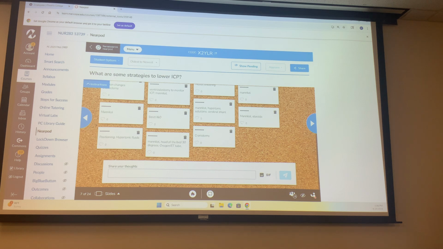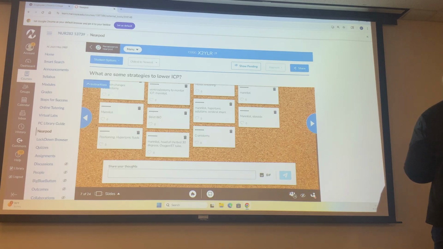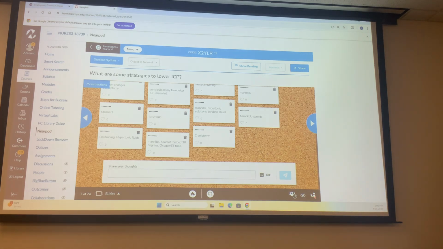And the cool thing is that it's also going to give us an ICP number. So it's kind of like this great trifecta of things, okay? So the ventriculostomy is gonna be able to get rid of that CSF or maybe blood too, okay?